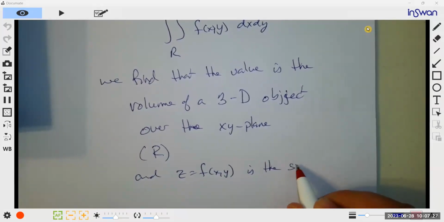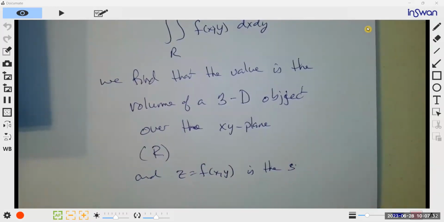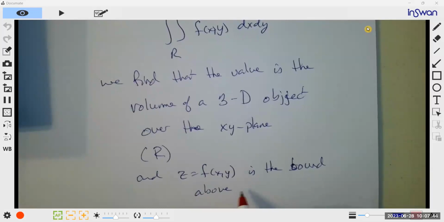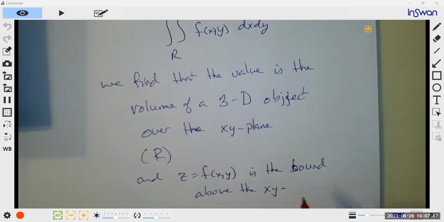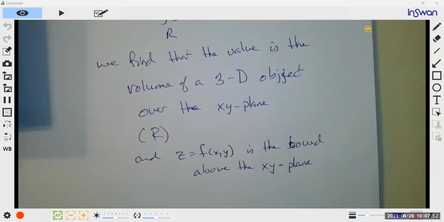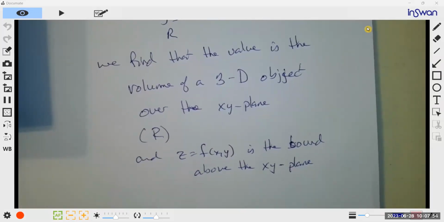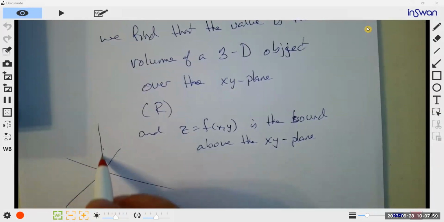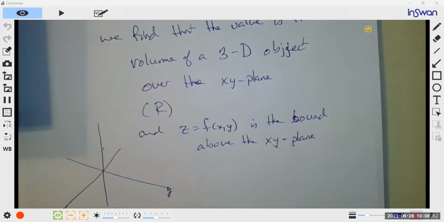So it's bounded by the domain of R and the range of R, and is the surface, or the, I don't want to use upper bound because that's a whole other topic, is the bound above the xy plane. So by doing all this, again, we get our x and y components.